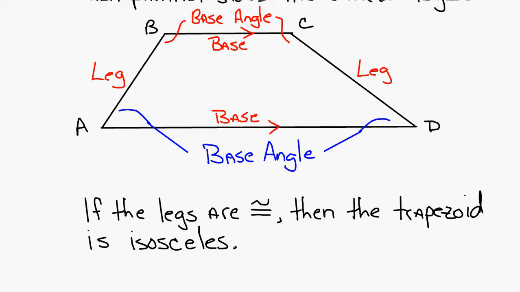If the two legs are congruent, if the non-parallel sides are the same length, then the trapezoid is isosceles, and it's called an isosceles trapezoid.